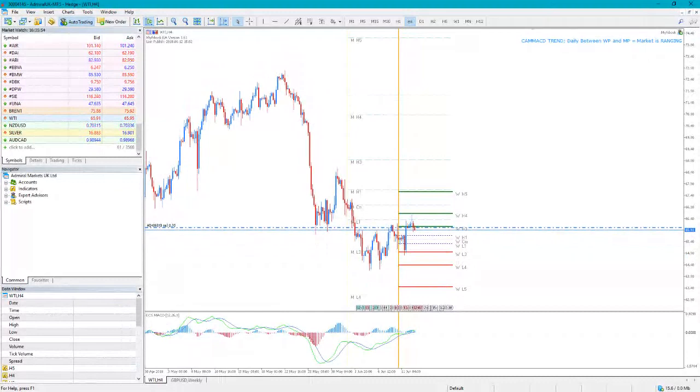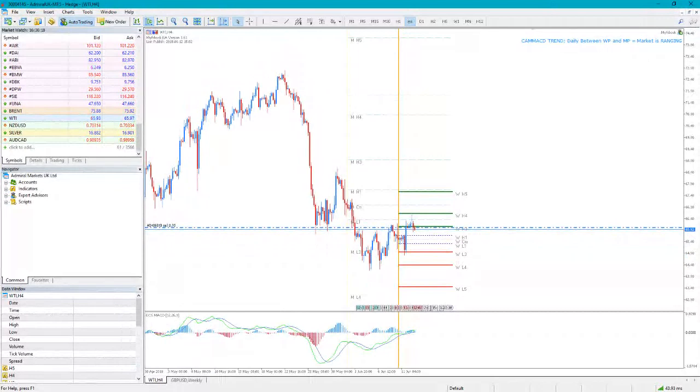Mikhail is asking, do you have any idea when you will release templates for the MT5? Not yet. I still know that MT4 is more popular than MT5, but whenever we see that traders really want it on MT5, we will release it. Until then, guys, we haven't had a lot of requests for the MT5.